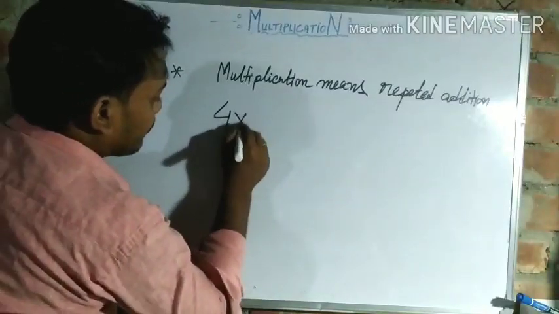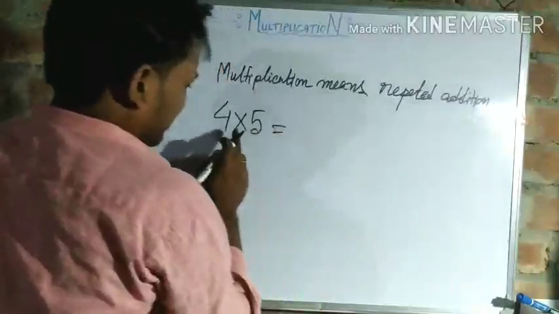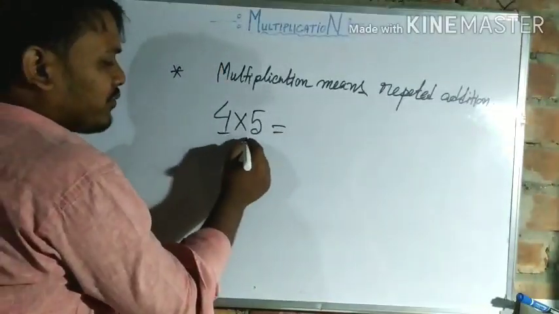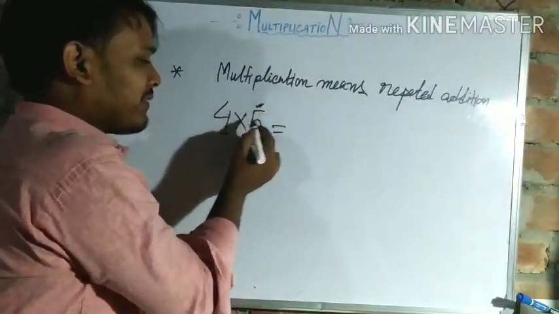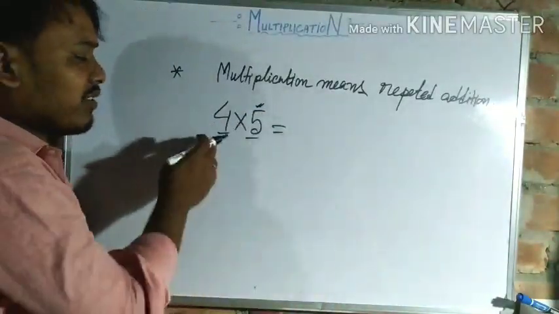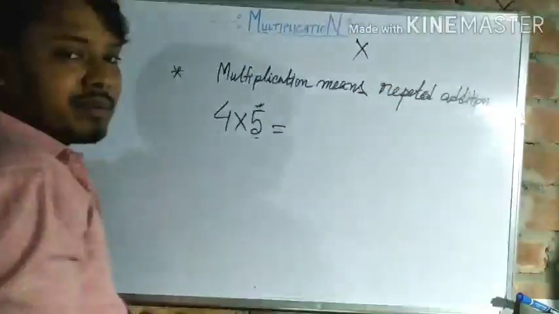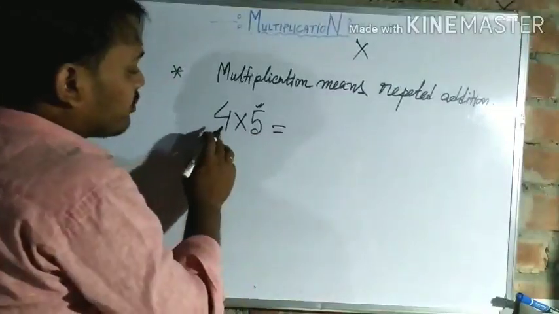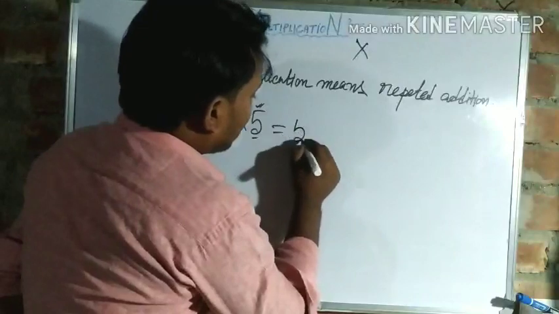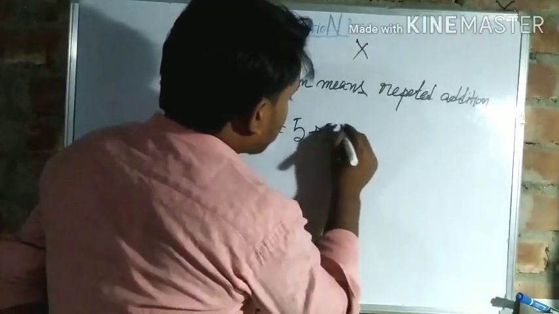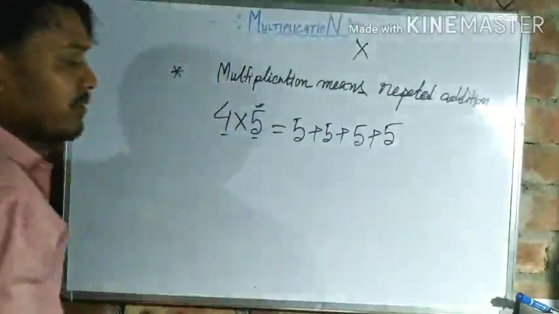4 into 5 means repeated addition. If we add 5 four times, we get the result of the multiplication 4 into 5, and everyone knows the sign of multiplication is into.